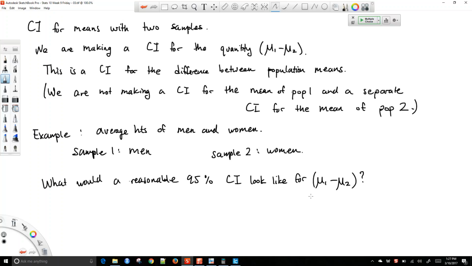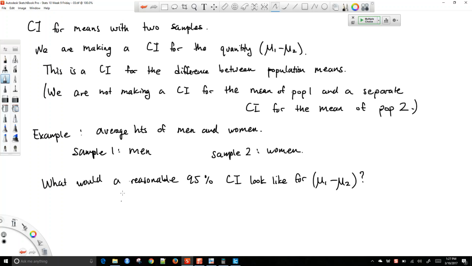And so our 95% confidence interval will probably be something like 3 to 8 inches. We'd say I'm 95% confident that the average height of men is somewhere between 3 and 8 inches taller than the average height of women.